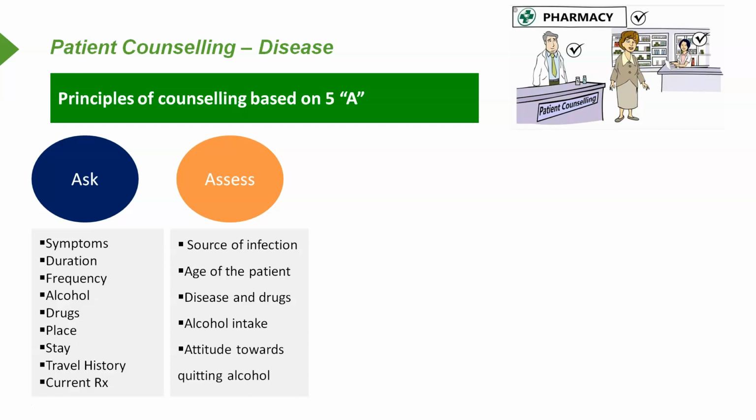Or you ask about the attitude towards quitting alcohol, and why he has made an attempt to quit. So you're asking a very good question, about the attitude to quit alcohol. The community pharmacist should decide how to change the attitude of the patient and make the patient quit alcohol.